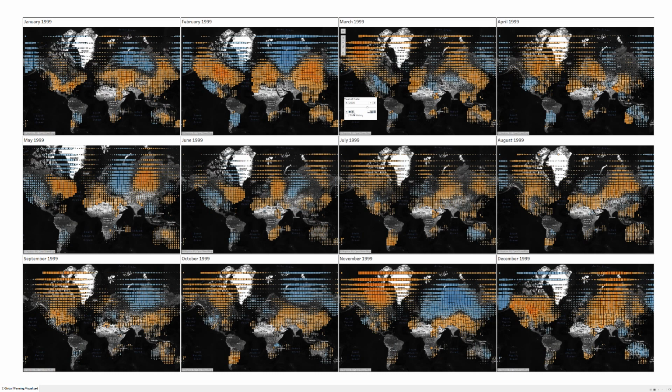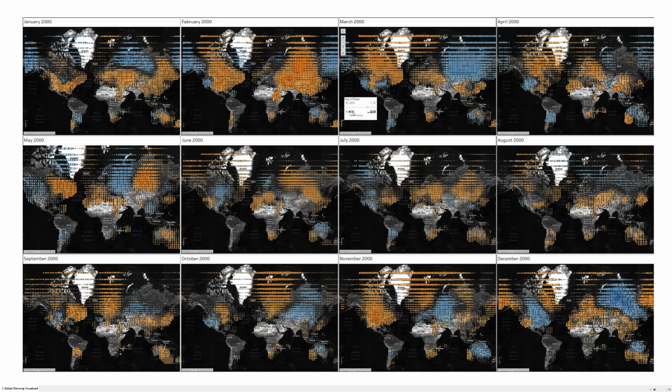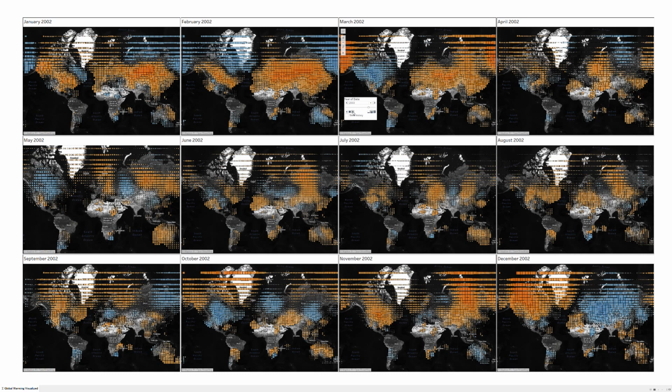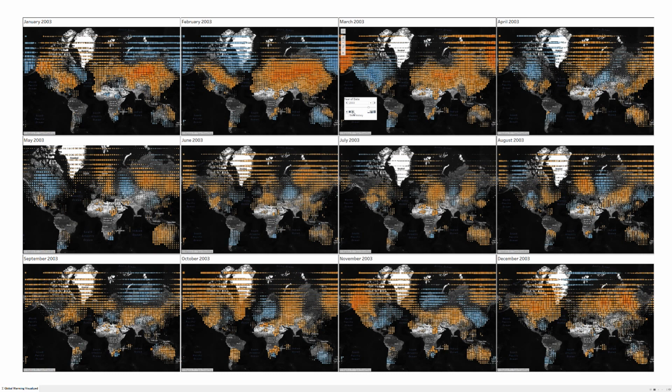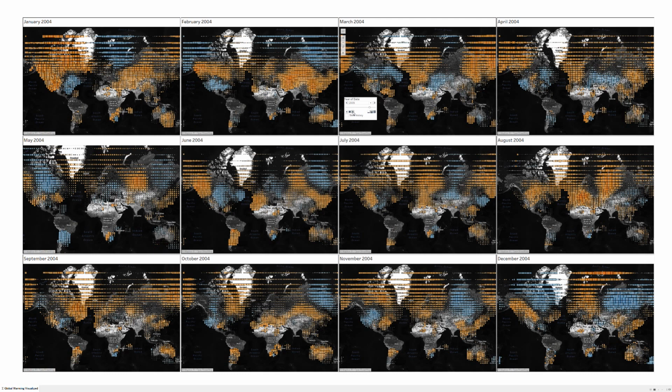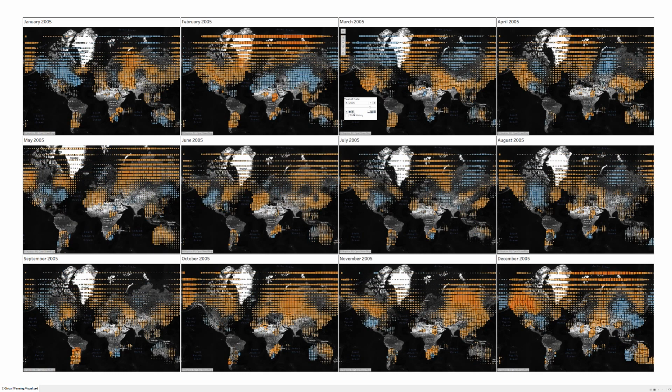Now we're approaching the year 2000, and if you step back and look at the distribution of reds and blues, you begin to see more pronounced big red areas. You see that a lot in Europe, in Russia, in the northern latitudes.